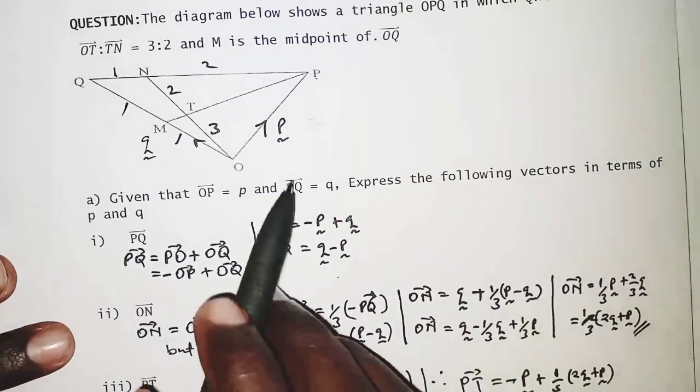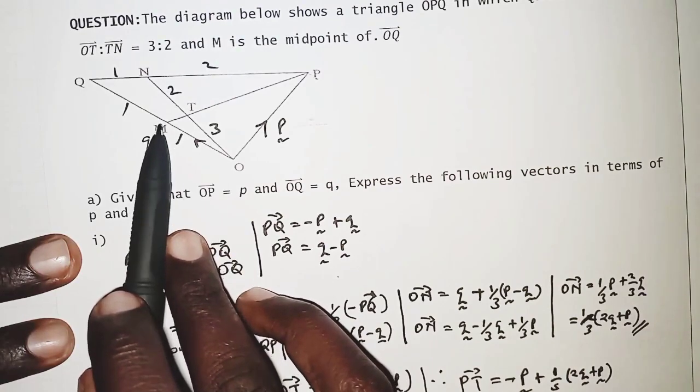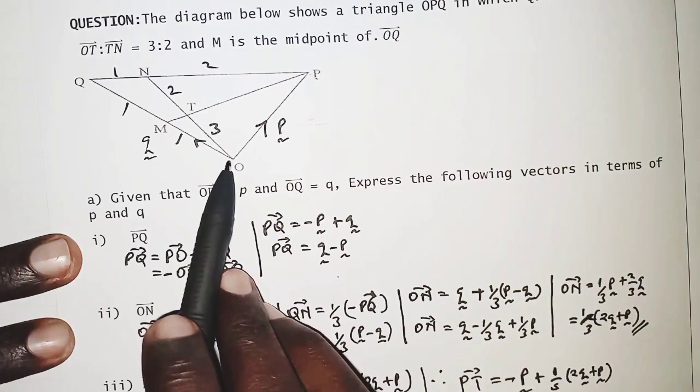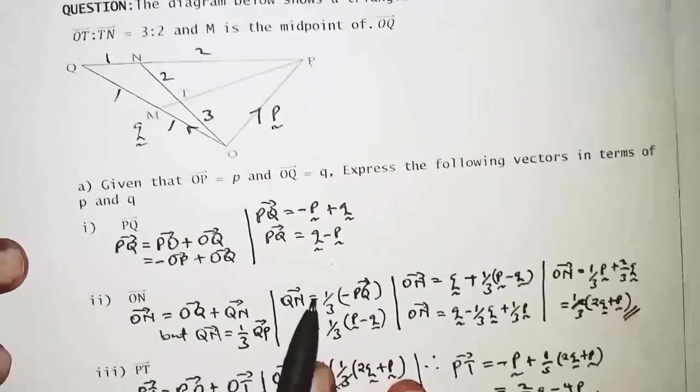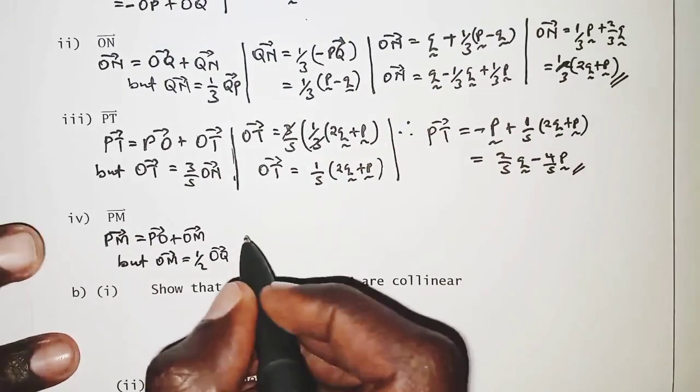Well, point M is the midpoint of OQ, therefore OM is a half of OQ. So that's why we have it like that.